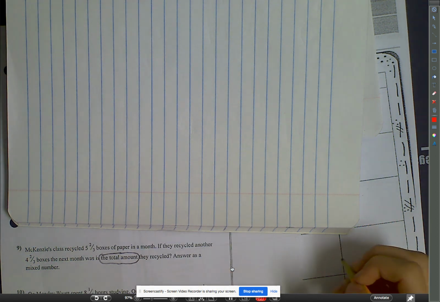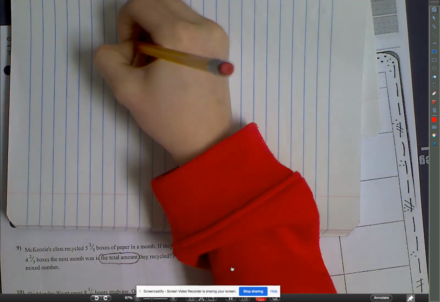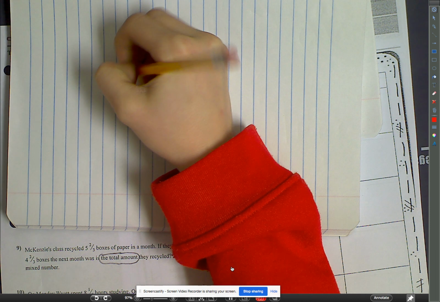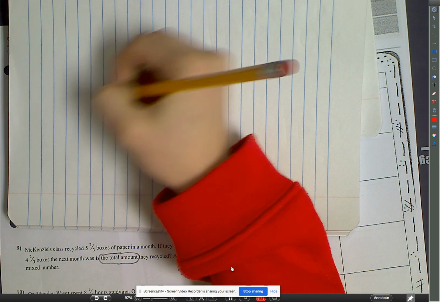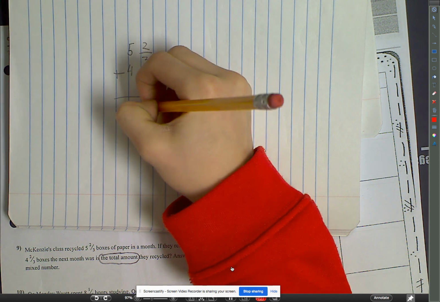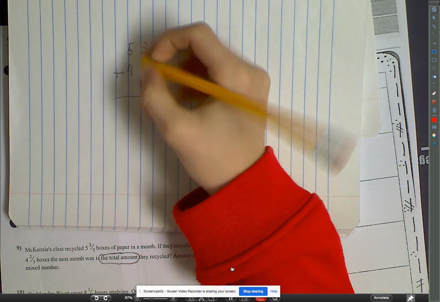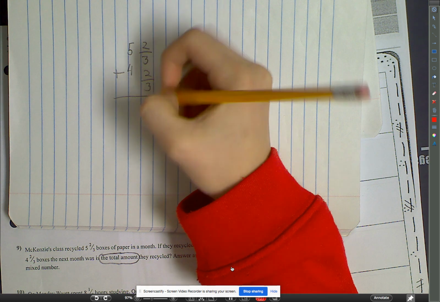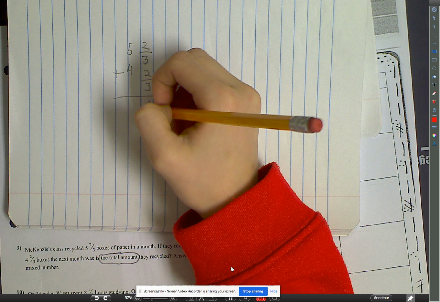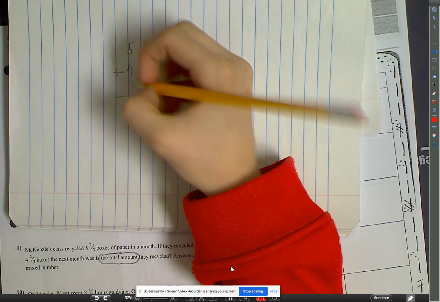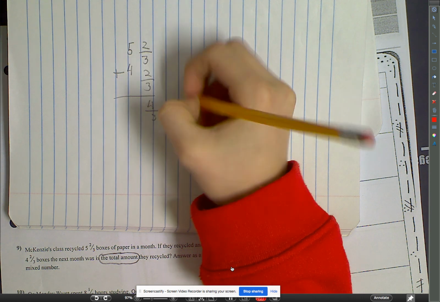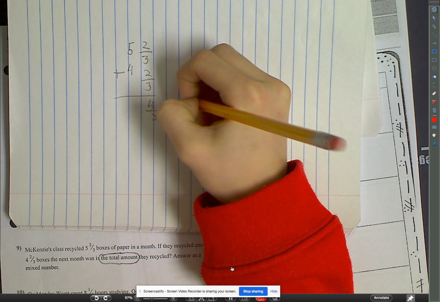So now go ahead and add the fractions. 5 2/3 plus 4 2/3. Okay. So first we add 2/3 to 2/3. 4/3. Okay. 4/3 is 3. 4 is bigger than 3, so you divide and get 4 and 3.